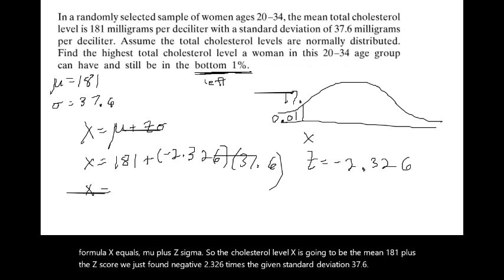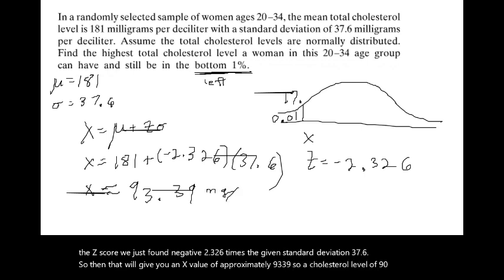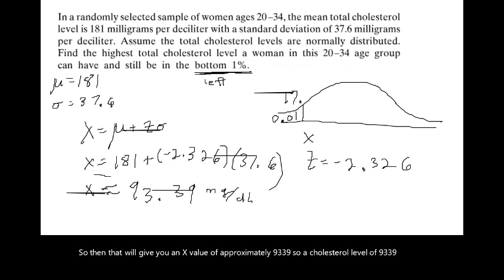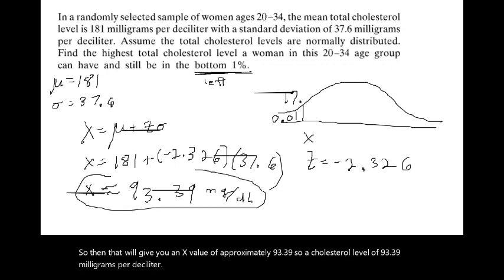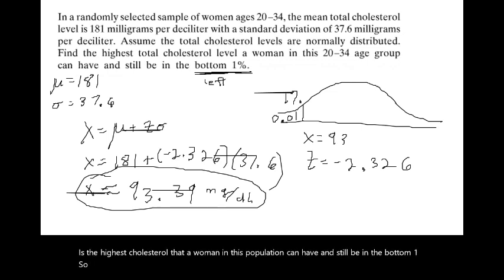That will give you an x value of approximately 93.39. So a cholesterol level of 93.39 milligrams per deciliter is the highest cholesterol that a woman in this population can have and still be in the bottom 1%.